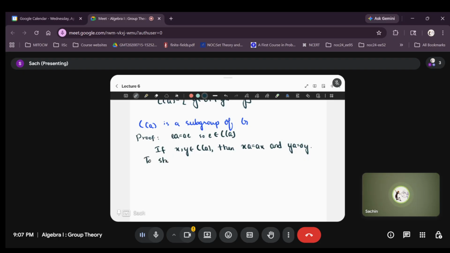To show XY times A is equal to A times XY and X inverse times A is equal to A times X inverse.